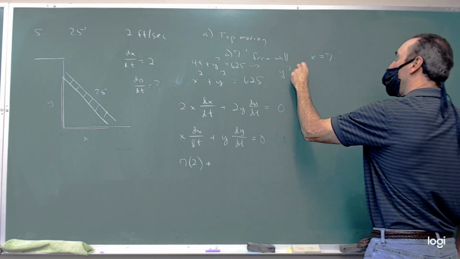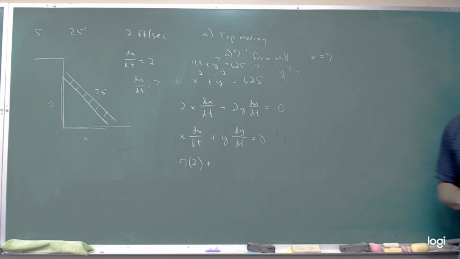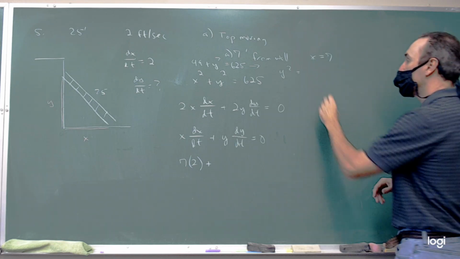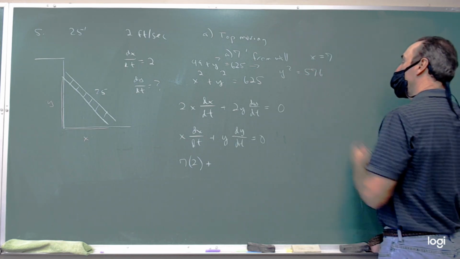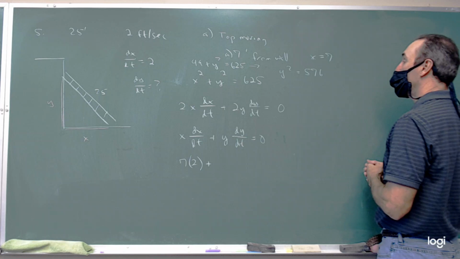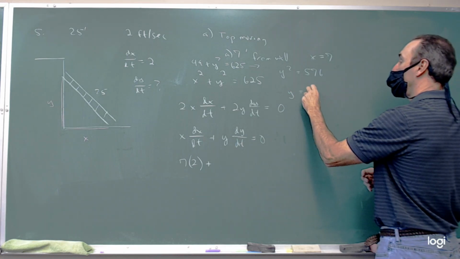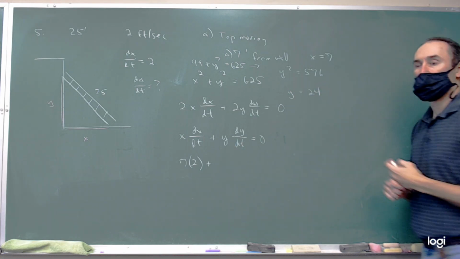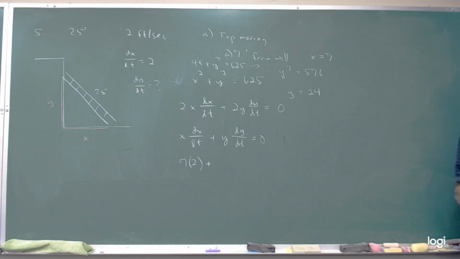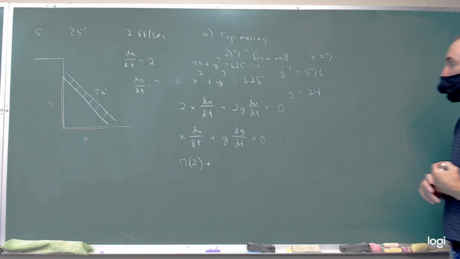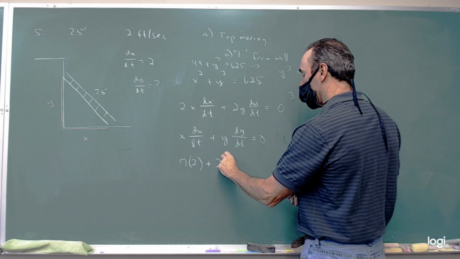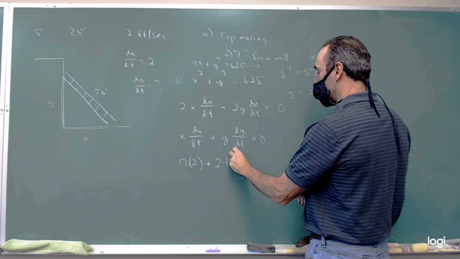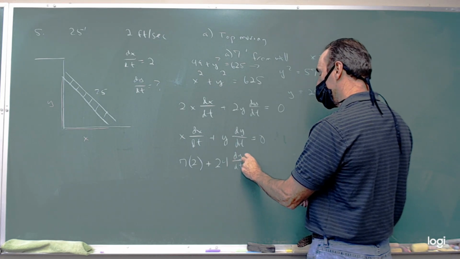So y squared, if we subtract 49 from 625, is 576. The square root of 576 is 24, and we only want the positive answer because we're not going to have a negative height. So our y is going to be 24.